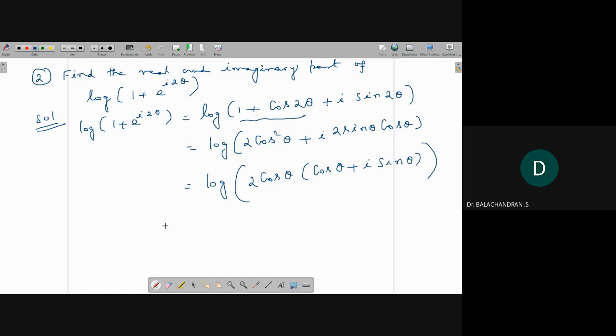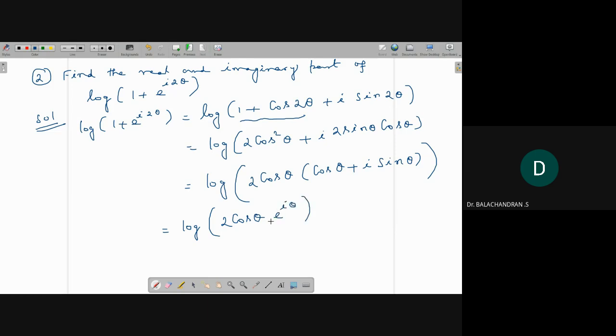So now you can write this is log within bracket 2 cos theta, cos theta plus i sin theta, which you can write as e power i theta.